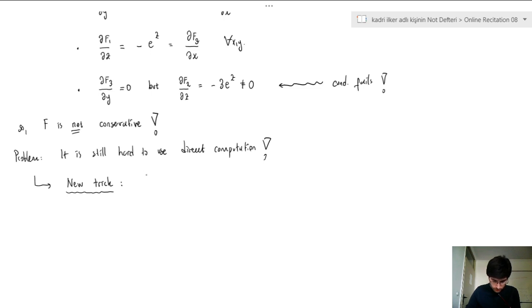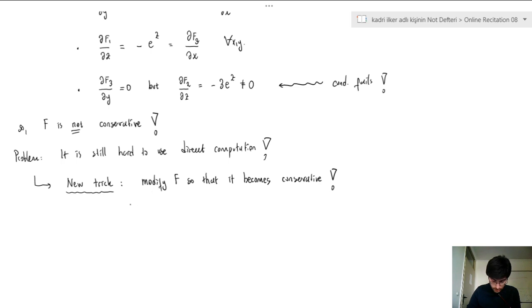So modify F, just make F conservative somehow, so that it becomes conservative. This will be our new strategy.